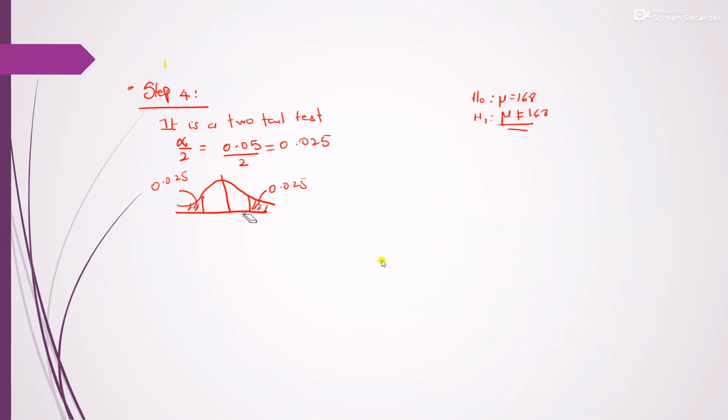These two are the rejection region. It is 0. Then it is Z alpha by 2. It is minus Z alpha by 2. Right? So from the standard normal table, Z alpha by 2 equals 1.96. So now we can form the decision criteria.